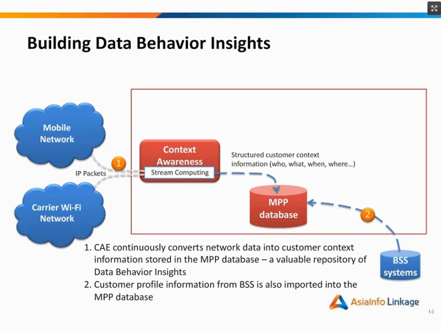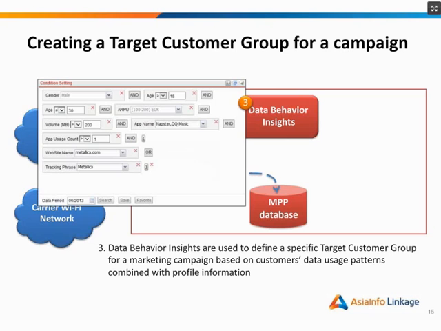So the next step in this process is to actually define the target market for a campaign. And this can be very specific indeed. I've been deliberately over-specific here, just for illustration purposes.